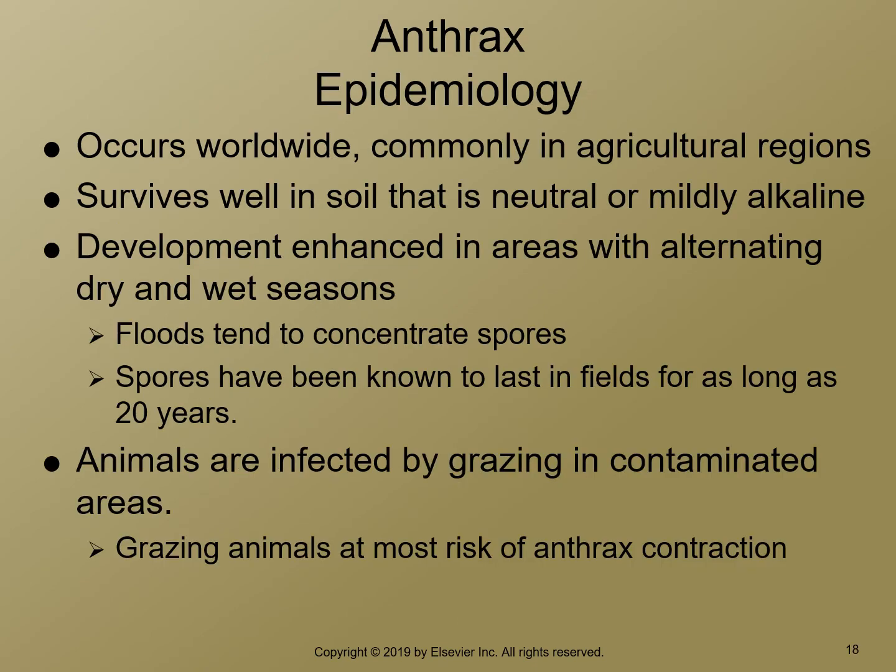Anthrax occurs worldwide, commonly in agricultural regions such as Central and South America, Africa, and the Middle East. It's rare in the United States. Recurrences of anthrax are prevented by containing the spores and eliminating their spread through the environment.